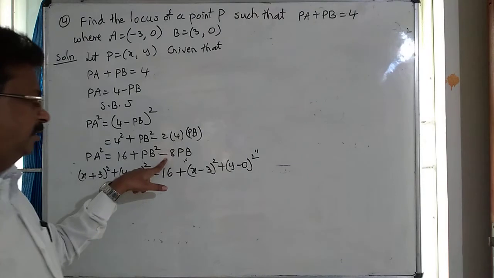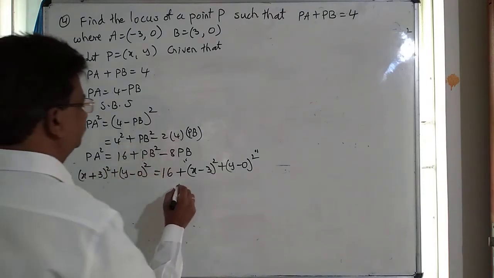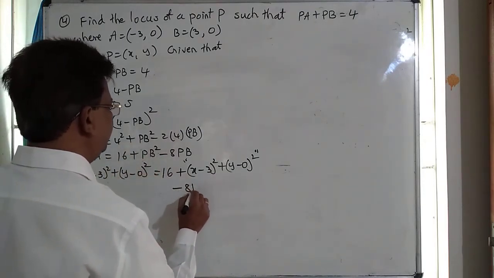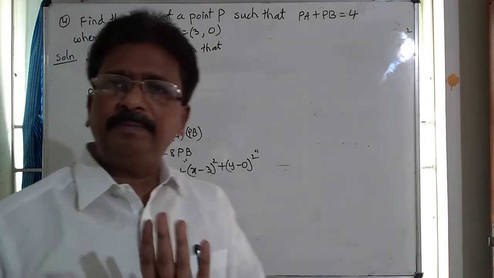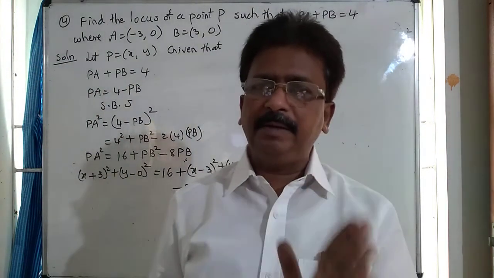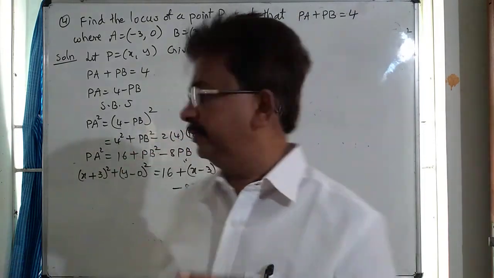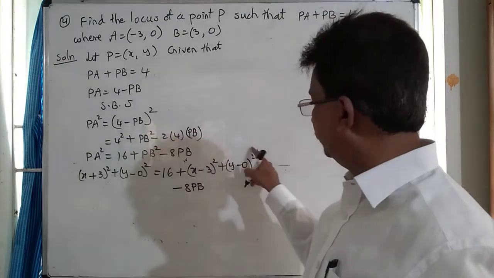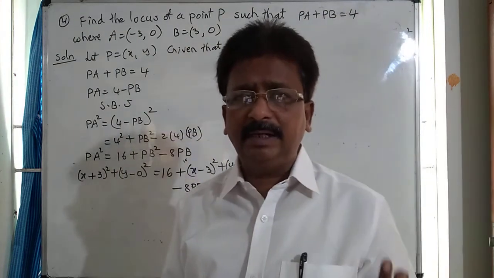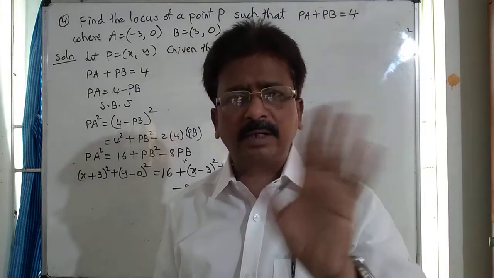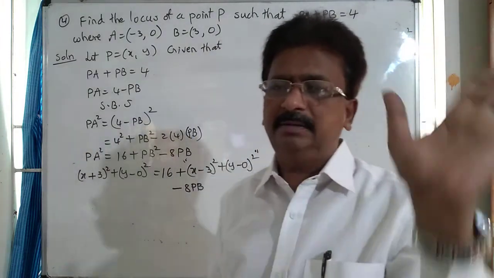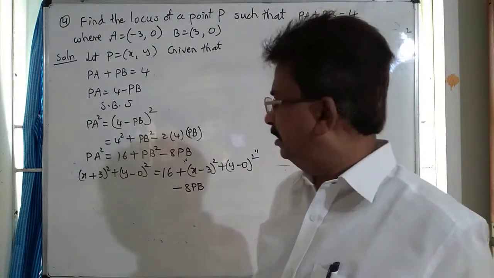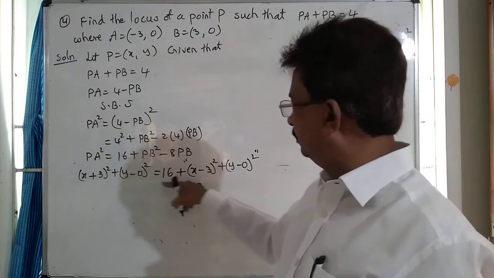Next one, minus 8 into PB. Now don't write the PB value now. Actually PB is the under root of x minus 3 whole square plus y minus 0 whole square. Of course, don't write the PB value now. Only write PA square and PB square. Next, let us simplify this one.